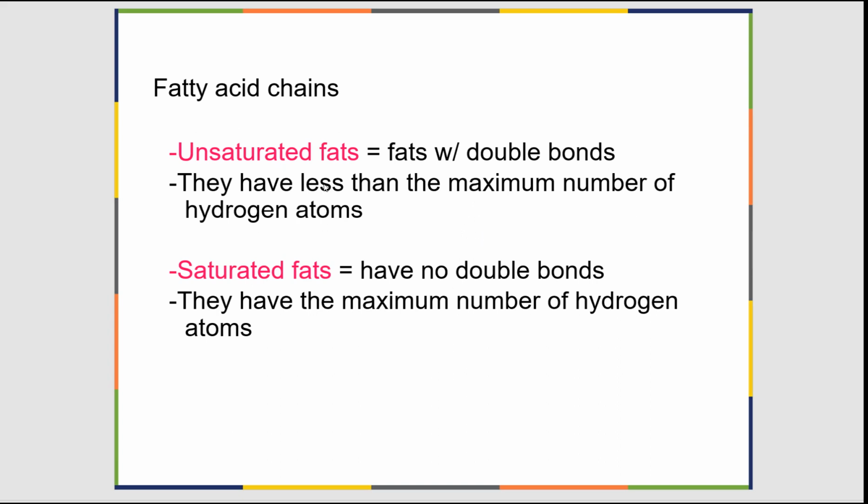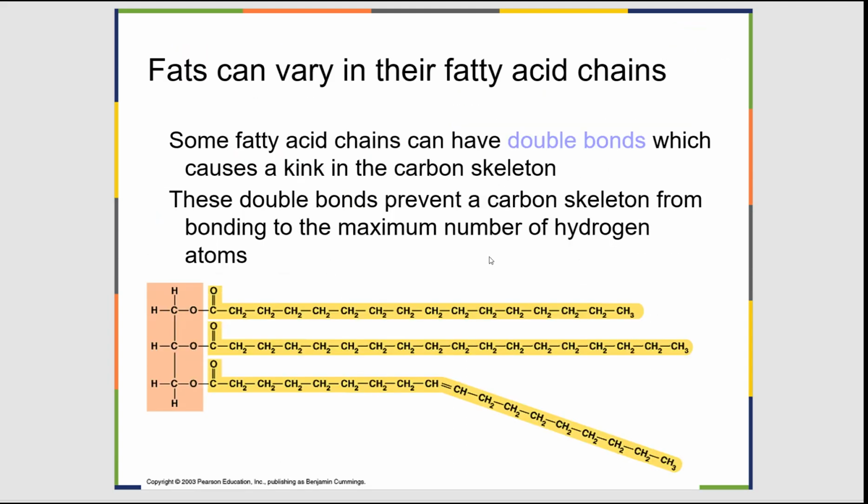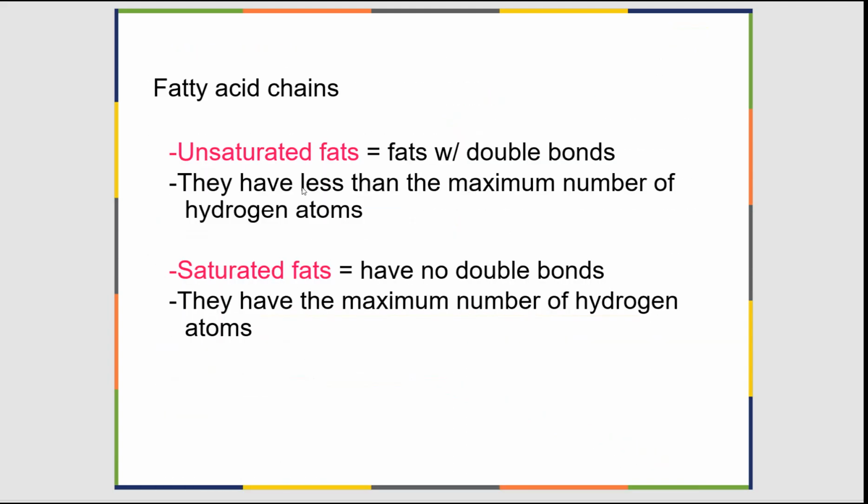So unsaturated fats are fats with double bonds, so that's that kink, okay? Unsaturated fats have the kink in the tail.